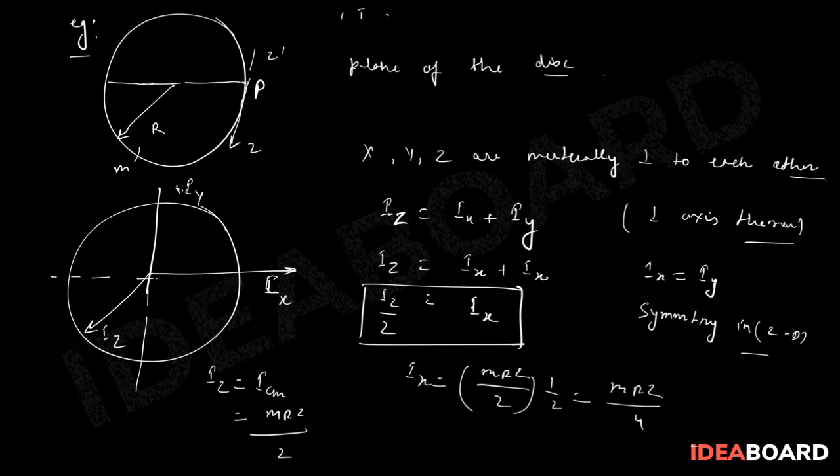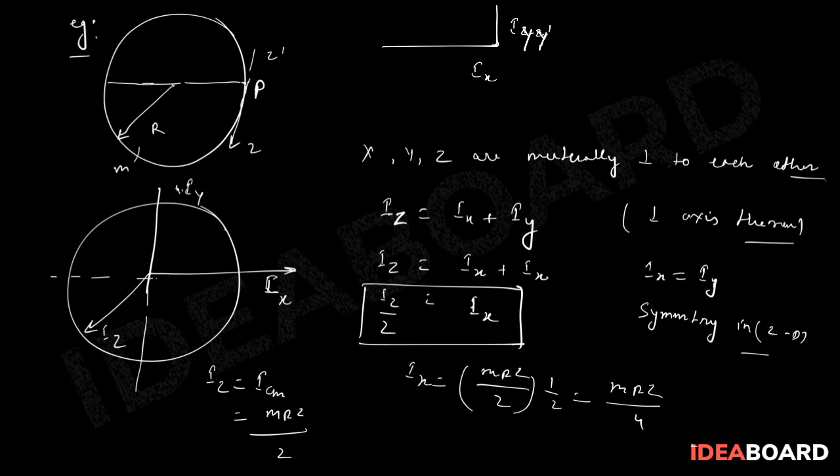So if you want to achieve that, at point P you can see this is going to be the Ix and this is going to be the Izz dash, right? So say this is Iyy dash.